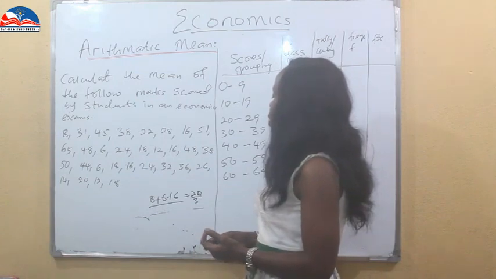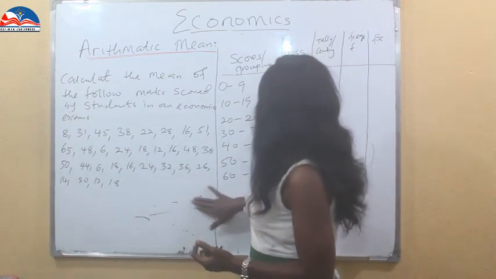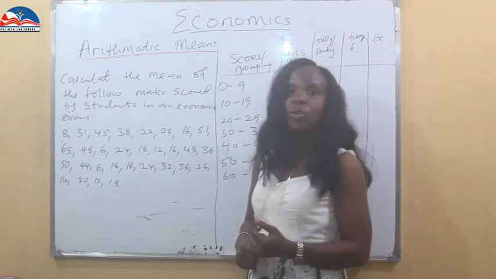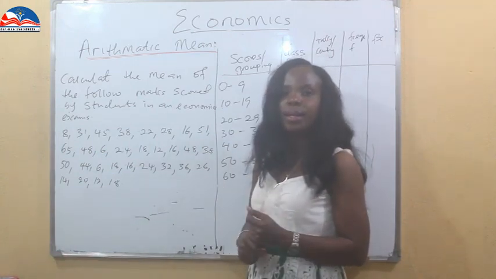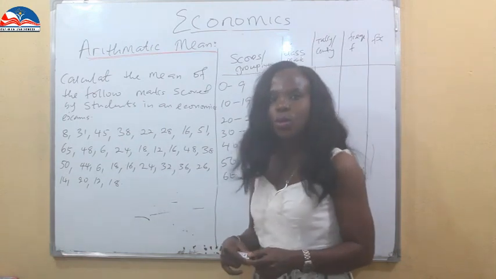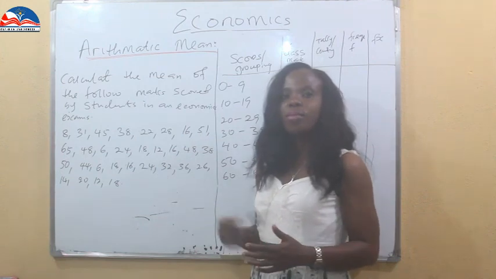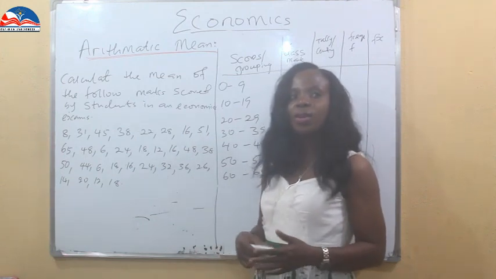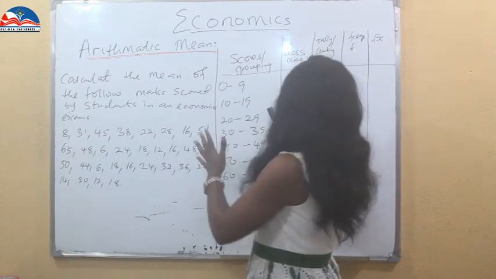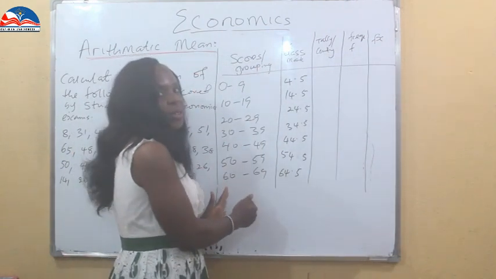Having ascertained that we have 30 students in the class, now let us see what we are going to do, because it is going to be for grouped data. You will be told the intervals you will use. They will tell you to use a scale of 10, 0 to 9, and the rest of them. Most times they will give you the score groups, the class boundary.